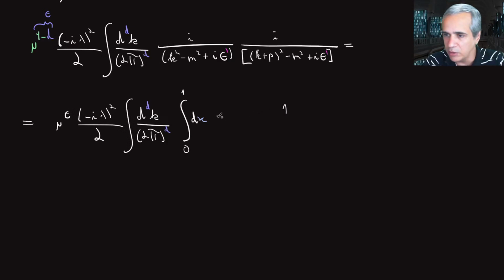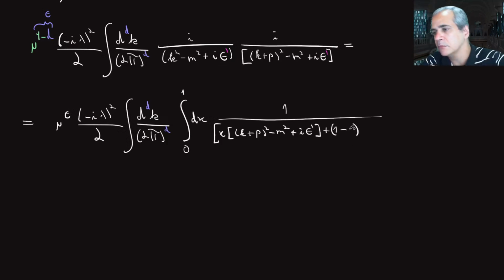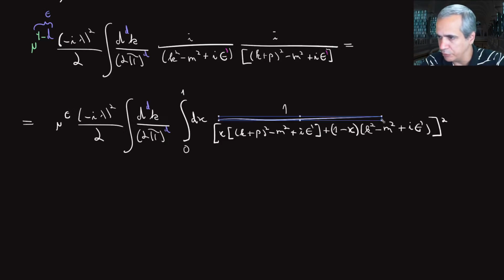And this is just 1 over a big thing, which is x times (k plus p) squared minus m squared plus i epsilon prime, and here goes a 1 minus x times k squared minus m squared plus i epsilon prime, and this is all to the power 2.